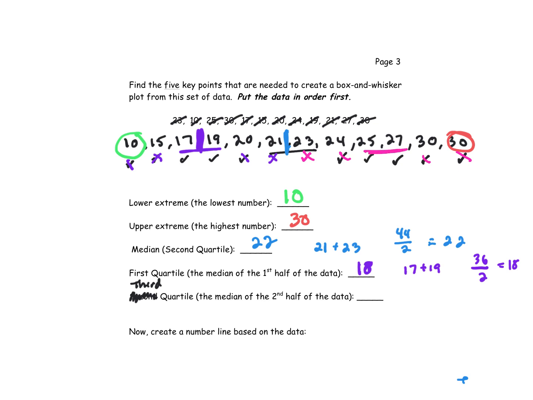And then we're again left with 2 numbers in the center. So we add those 2 numbers, 25 and 27, which is 52, which we'll divide by 2, and that's going to give us 26, which again makes sense. 26 is in between 25 and 27. So we now have our 5 points that we need to create the graph.